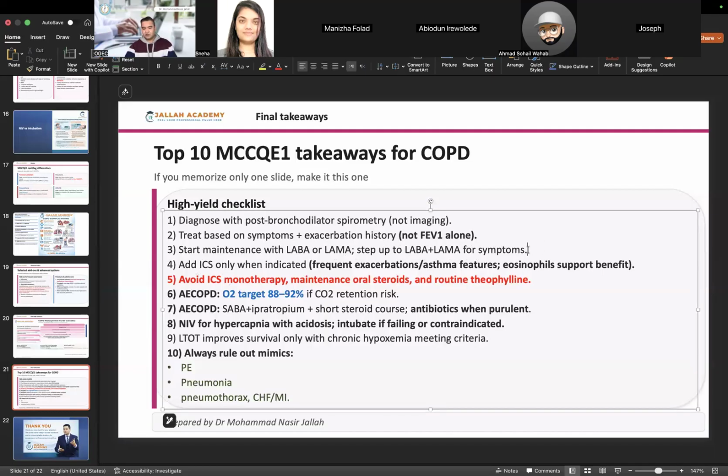Maybe I should add it like this: LABA plus LAMA plus ICS, which is also called triple therapy. So add ICS only when needed. This is very important. We add this if the patient is not improving.